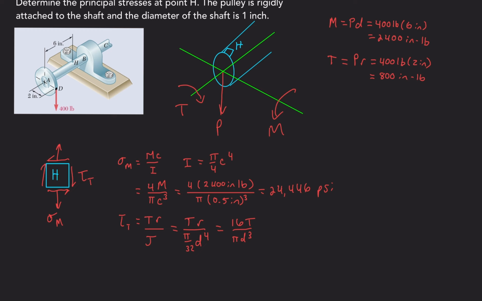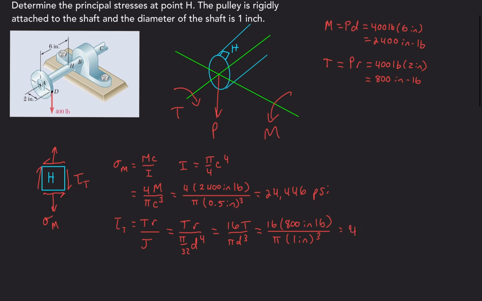So this is 16 times 800 inch-pounds, that's our torque value, divided by pi times 1 inch cubed. 16 times 800 divided by pi divided by 1 cubed, 4,074 PSI.